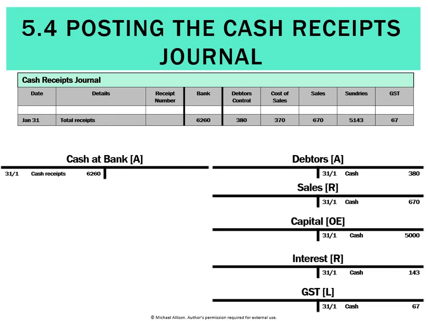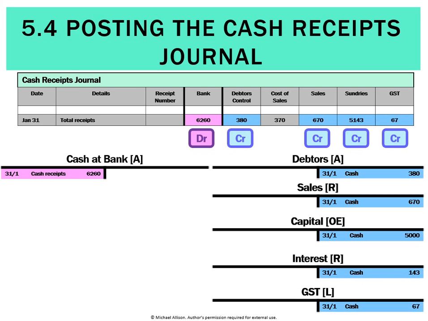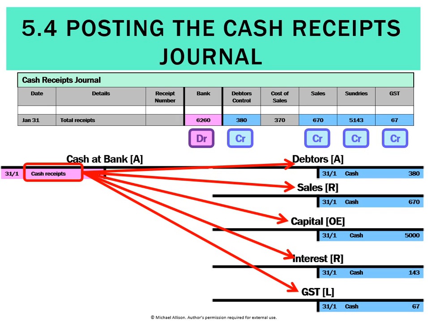Looking at the referencing, so we had one giant debit that went to cash at bank for 6260. That was matched up with all these credits: a credit to debtors, credit to sales, credit to capital and interest, they were from the sundries column, and a credit to GST. So for our referencing, in the cash ledger, we couldn't possibly fit the reference debtors / sales / capital / interest / GST.